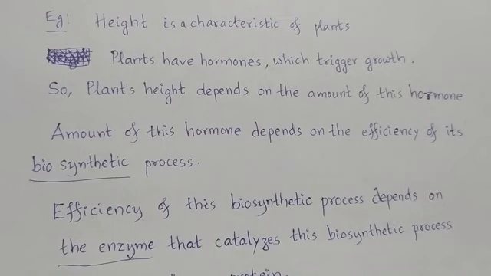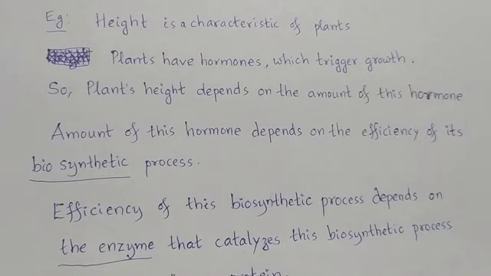A hormone is synthesized by some biosynthetic process inside the plant cells. If that biosynthetic process efficiency is very high, then that particular hormone is synthesized in high amounts and the plant growth will take place nicely. If that biosynthetic process is not efficient enough, then the hormone synthesized will be low and growth may not take place properly.